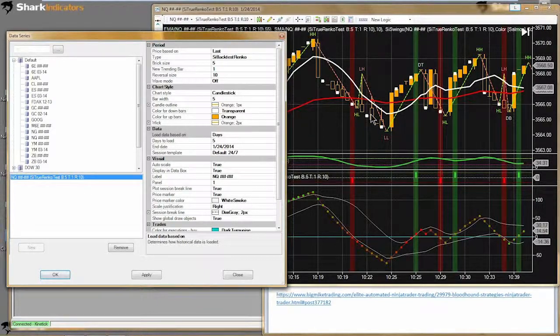How it visually looks on a chart is just a visual. Essentially almost all indicators are just looking at the closing price. Regardless of how your bar looks on your chart, there's always a closing price associated with that bar, and that's what indicators are looking at. So all indicators in theory should work with all bar types.